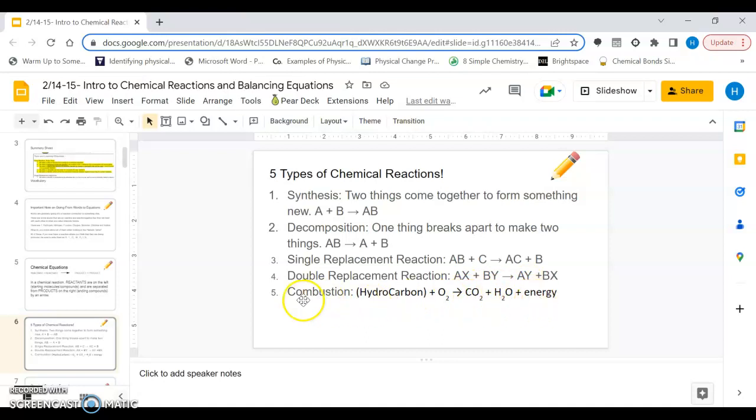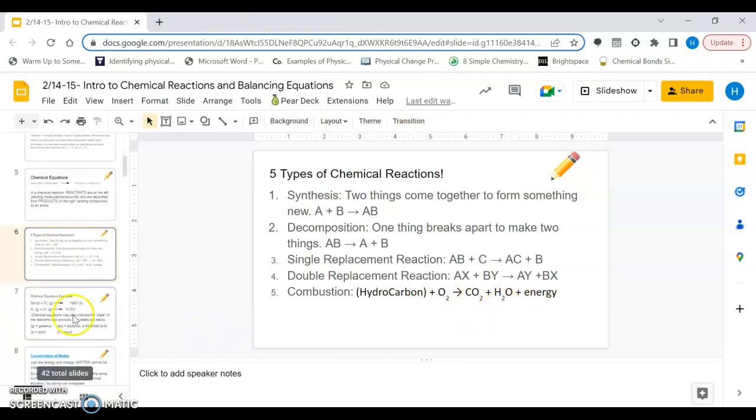You can have a combustion that's kind of more like a synthesis for metals, but to simplify our pattern recognition and still be accurate, we're working with hydrocarbons being intensely oxidized, so being combusted, just producing carbon dioxide, water, and energy as an exothermic reaction.